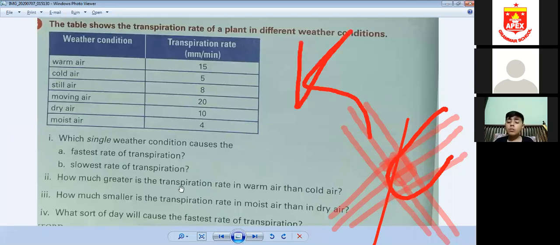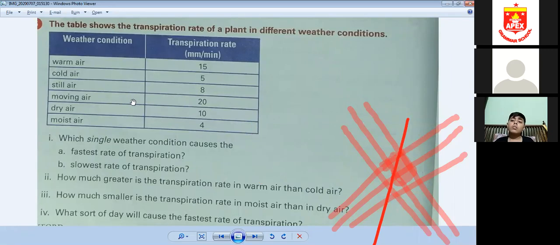You can see the fastest rate of transpiration. It is moving air, and you can write here that moving air means a warm windy day. So your answer will be a warm, windy day.